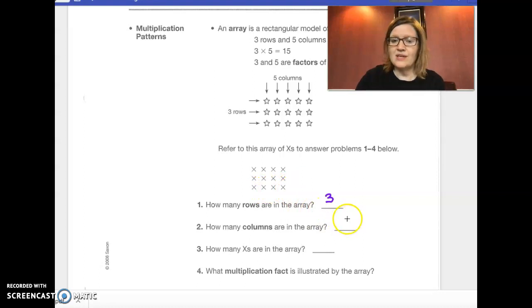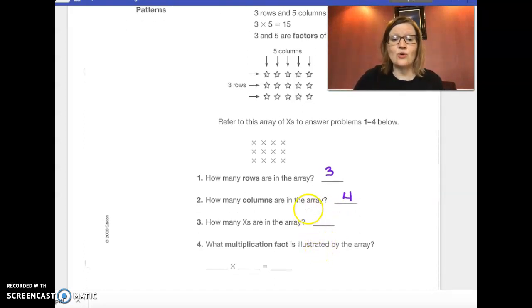So I'm going to write this 4 columns. How many x's are in this array? Now we could do some multiplication on our own, or you could actually count, but I know that we have 12 x's. And so that leads us to creating a multiplication sentence. 3 times 4 equals 12.